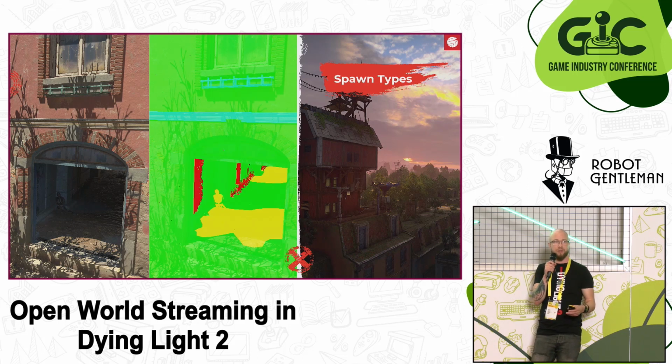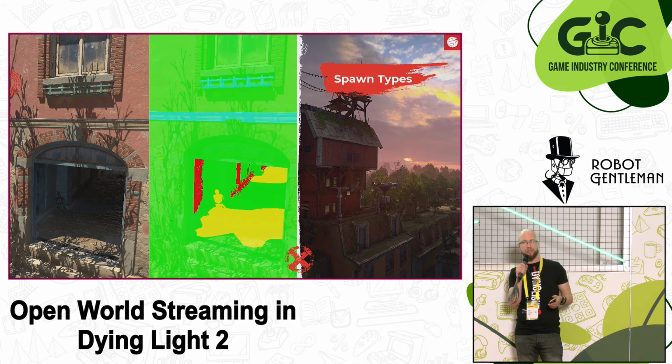But our spawners also spawn and despawn certain spawn types of the geometry. Our geometry is always categorized so that it can be either exterior, exterior detail, interior or interior detail. You can see the colorful overlay on the right.